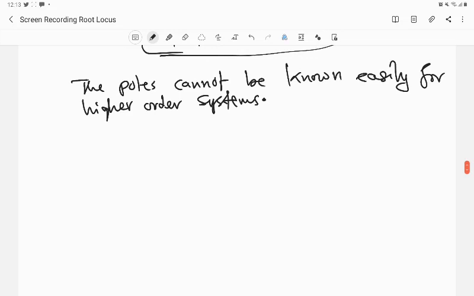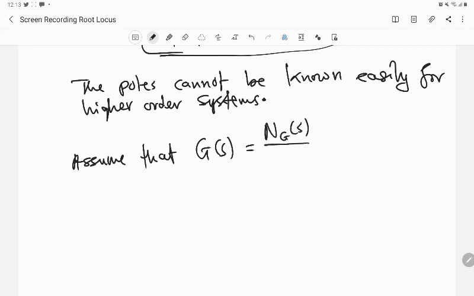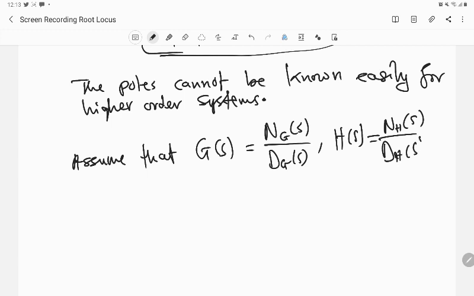To even throw more light onto that, let's assume that our G(s) can be represented as the numerator of G(s) divided by the denominator of G(s), and our H(s) can be represented by the numerator of H(s) over the denominator of H(s).